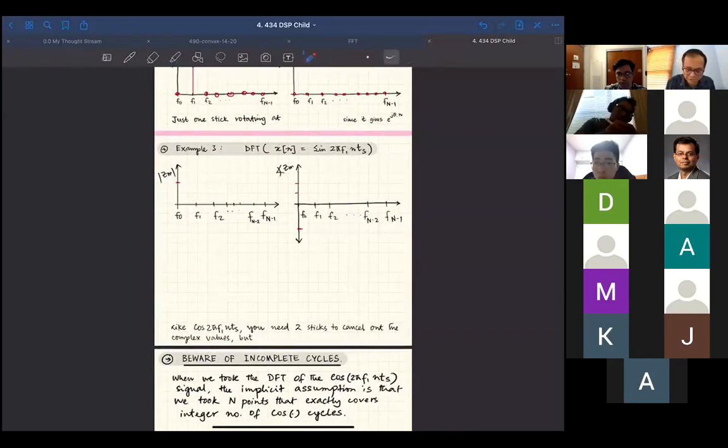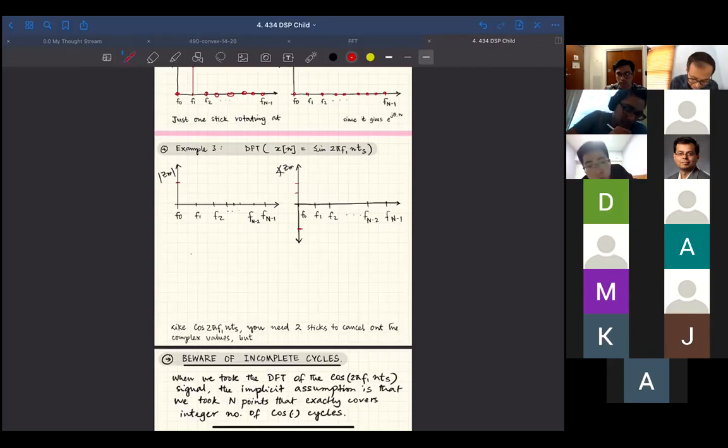How do we do sine 2 pi fn t? Remember with sine, we want the sine values. Sine 0 is 0, right?